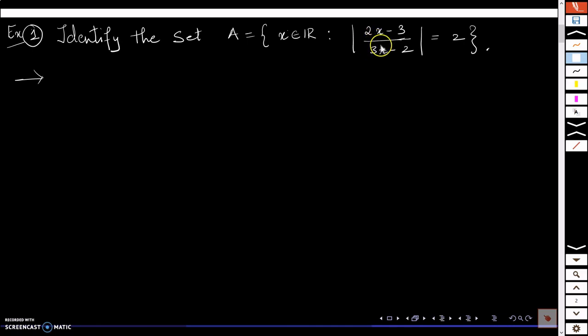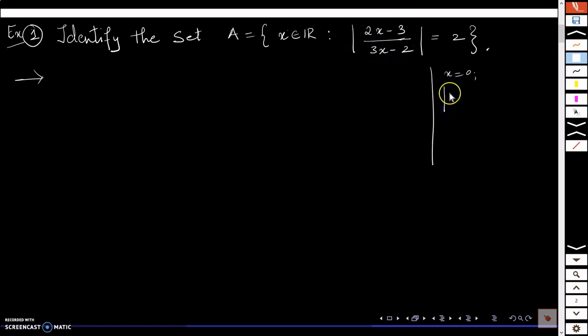Just to try whether some real numbers are there in this set or not, we can try a few numbers. Let's say 0. I'll take x equal to 0. I want to check whether 0 lies inside A or not. So I will drop 0 in the left hand side here.